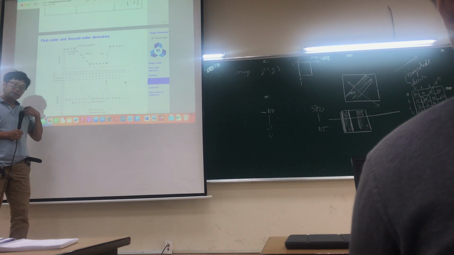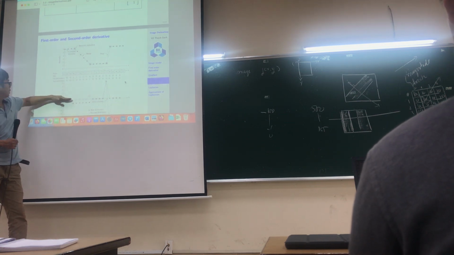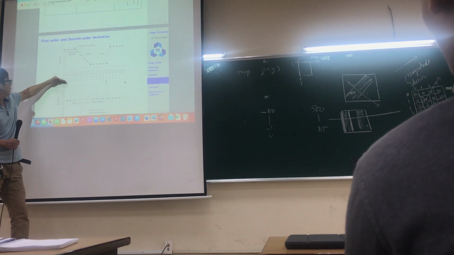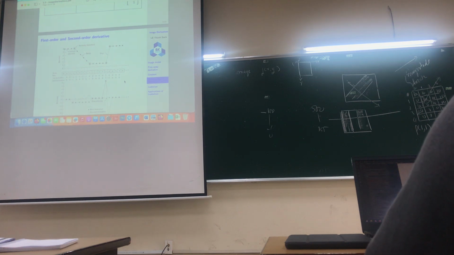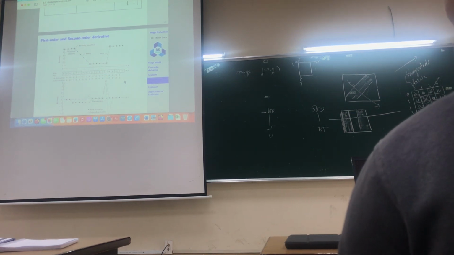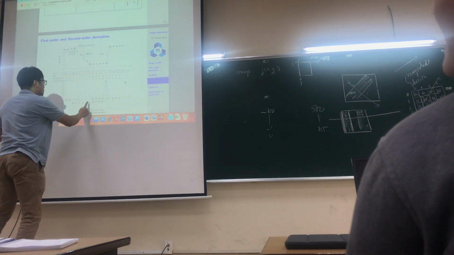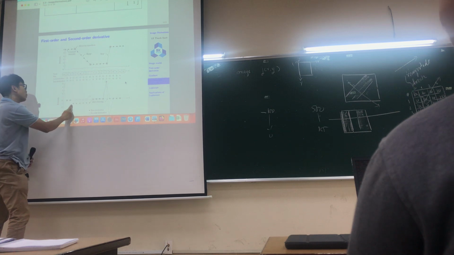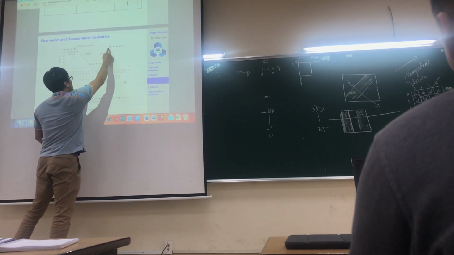But for second order, what do I mean here? Here you can see minus 1, here minus 1, and here 5 and minus 5. So where is the edge? You can see this point corresponds to this point, this point corresponds to this point, this point corresponds to this, this point corresponds to this.